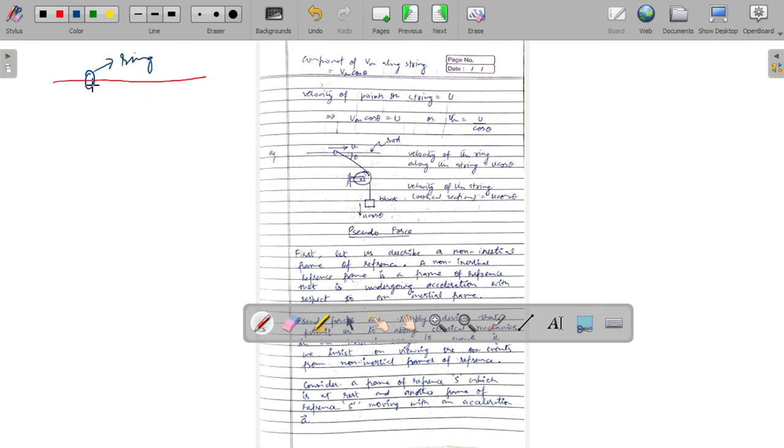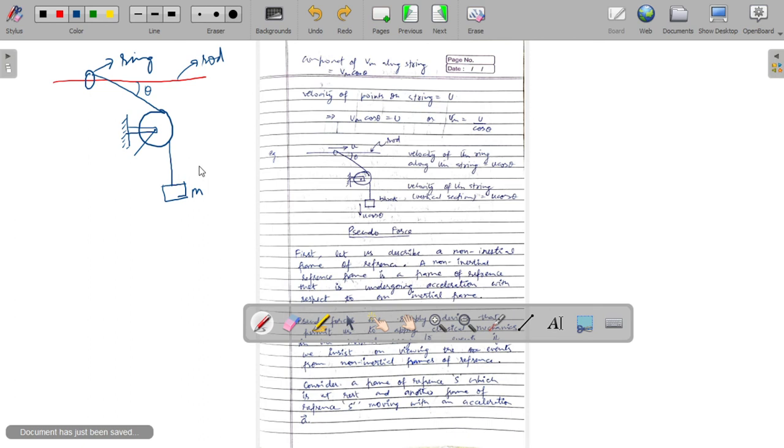The ring is connected to the pulley like this, and this is the mass m, angle theta, and this is the rod. So the rod is smooth, the ring is smooth, everything is smooth. So this is the case which we have.